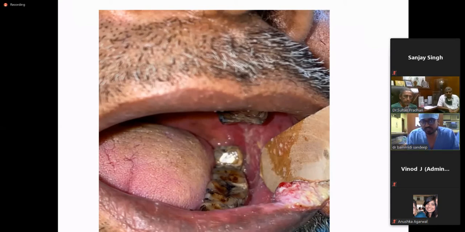I will only excise the lesion, sir, by wide excision, and I will not do the neck, sir. And I will reconstruct it. What reconstruction do you have in mind? As it is involving the commissure and lateral aspects of the lips, both upper and lower lips, I would preferably take a local Estlander flap, sir.